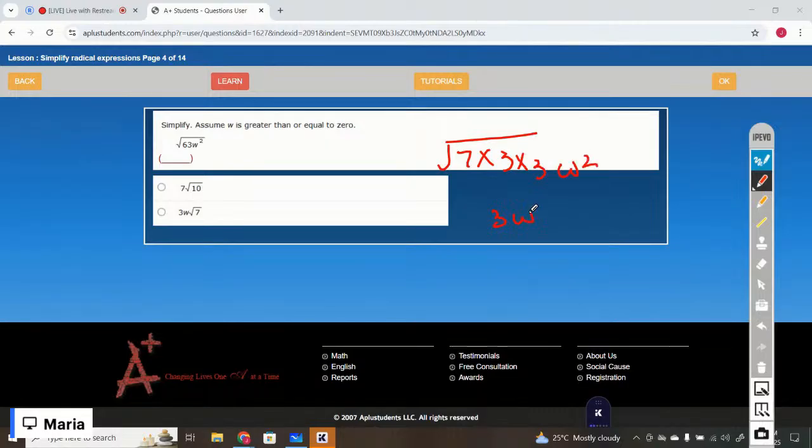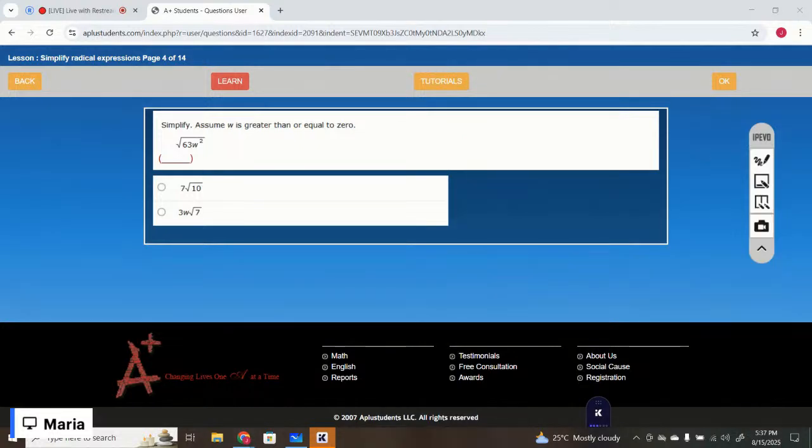That is 3w square root 7. Option number 3 is the correct option.